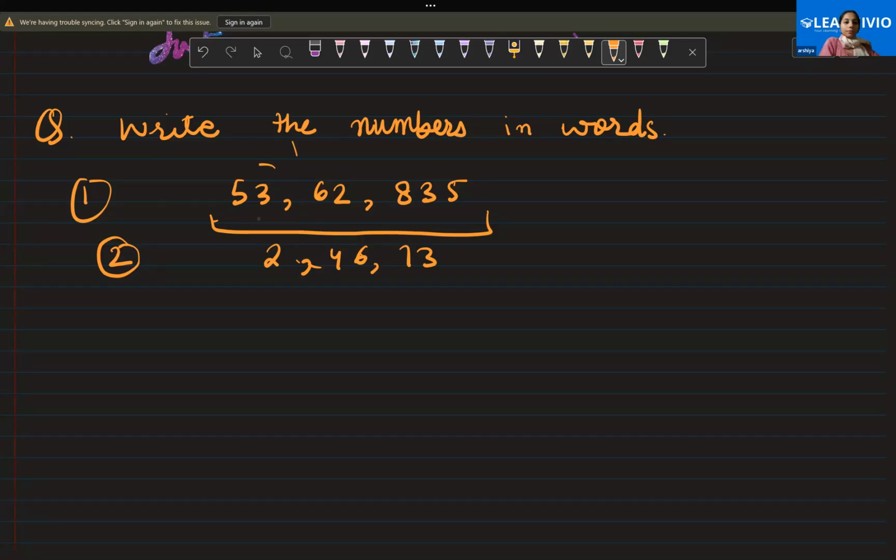This 3. It is 10,000. Look again. 10 lakh. Yeah, no, can you give me one second?